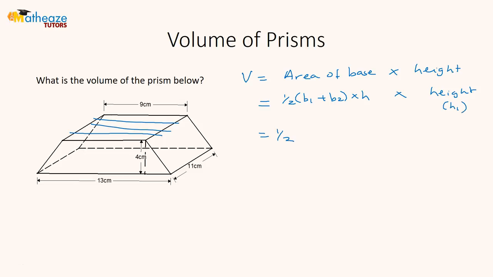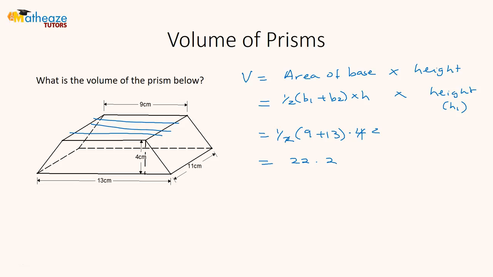So this is 1/2. This 9 centimeters here is also the same as this one right here. So, which is 9 plus 13 times height is 4. So let's divide 4 by 2. So we have 9 plus 13 is 22, which is 22 times 2.